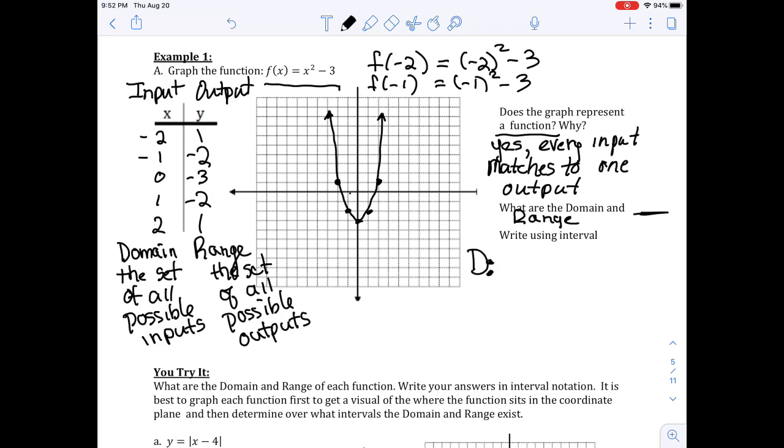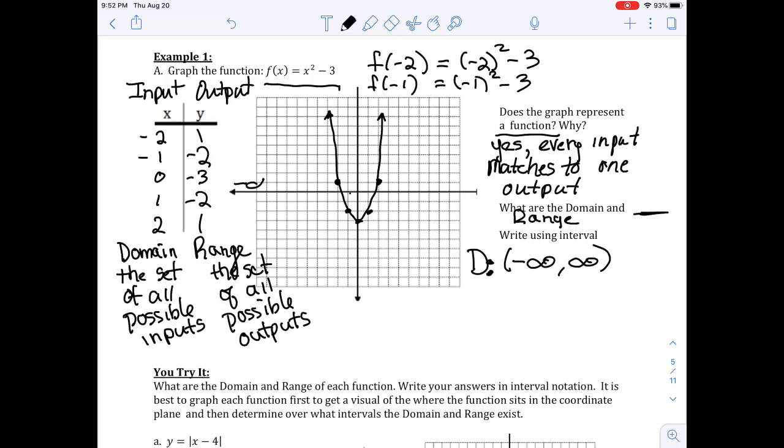And so the domain is written negative infinity to positive infinity. And that is because there are no restrictions on the domain. You can plug in any value that you want to for x. Another way to write that would be to actually use the words all real numbers. You could do that. But preferably we're going to write our domains as interval notation.